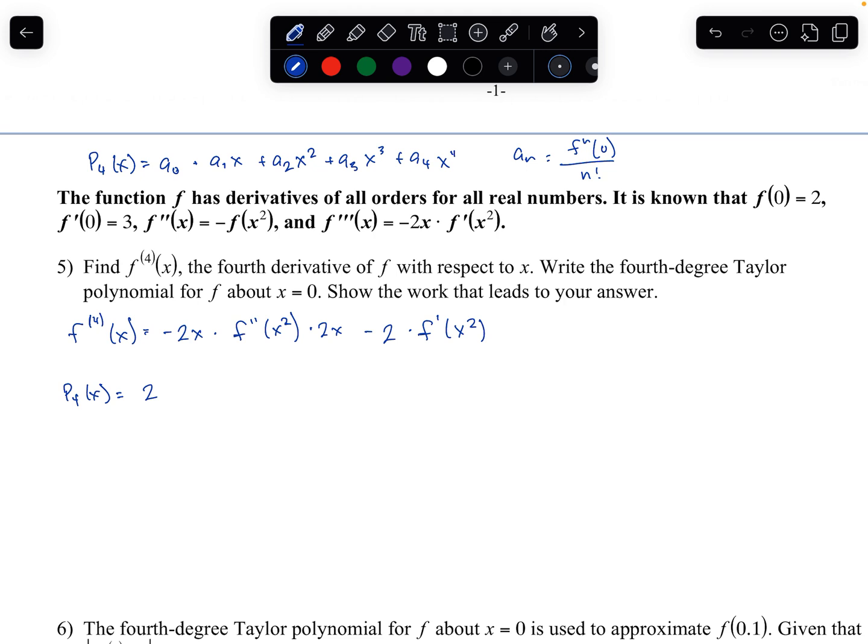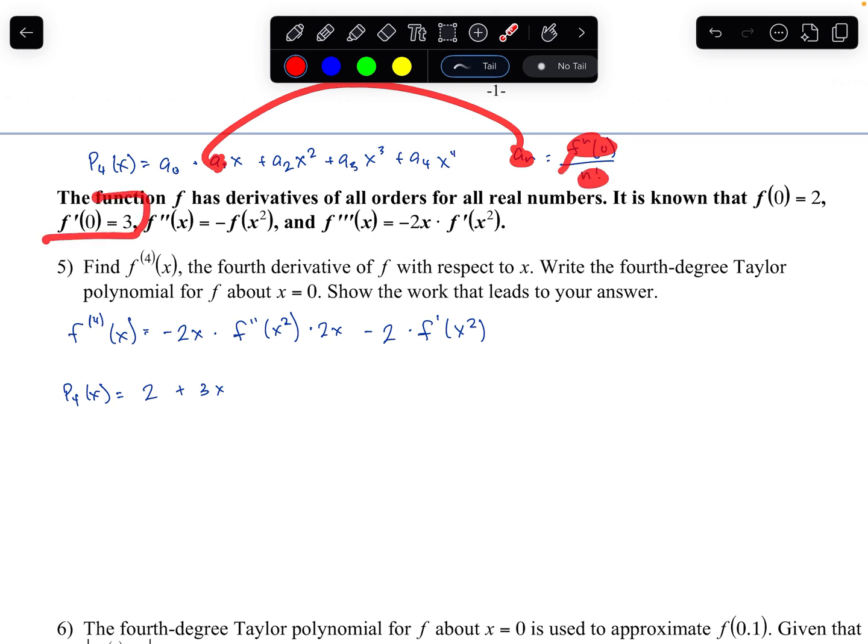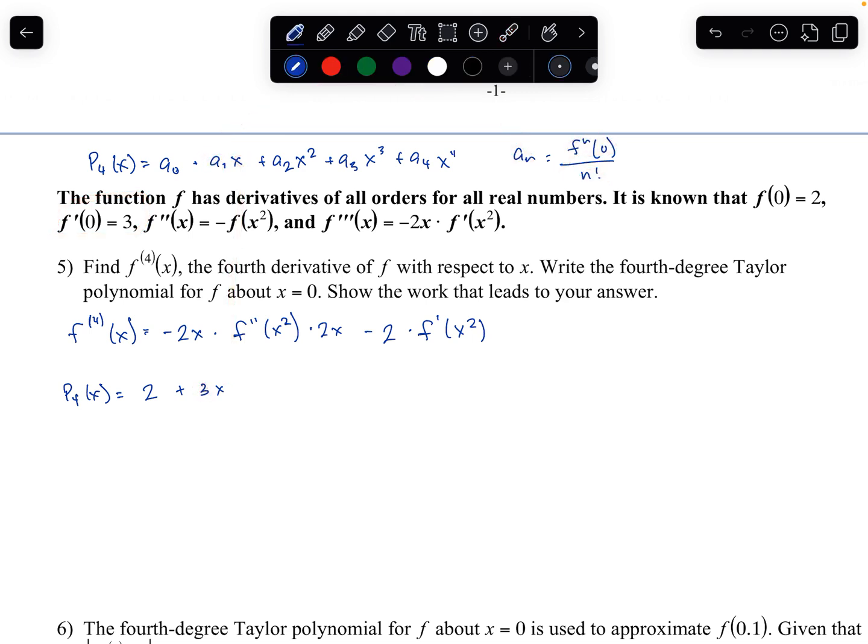And then the next one's going to be plus 3x. Why 3? Well, a sub 1 is going to be the first derivative at 0 divided by 1 factorial. And the first derivative at 0 is 3. So 3 over 1 factorial is still 3 times x. And there you go.